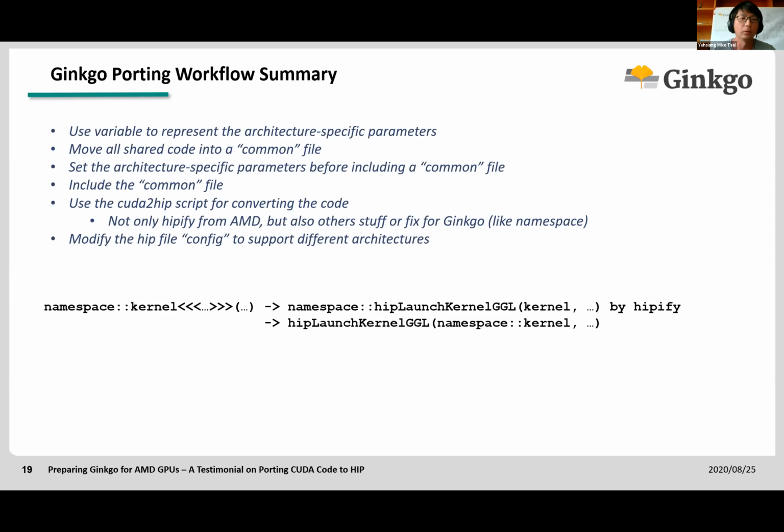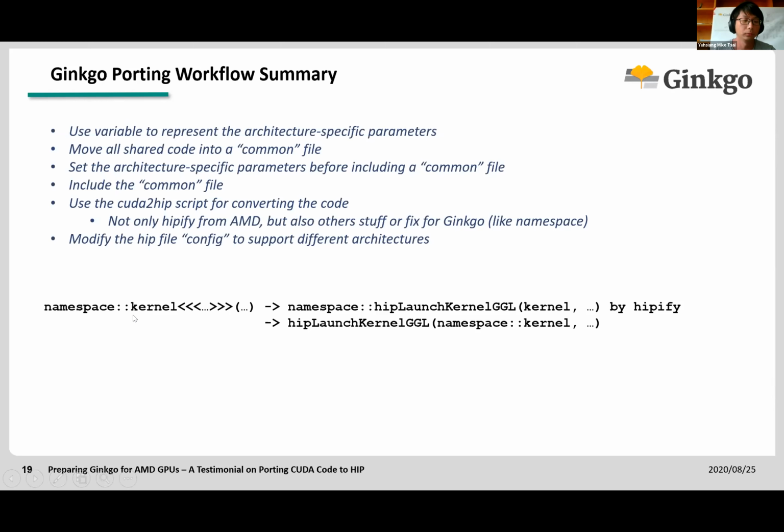But it's not only hipify. Hipify is a very good tool from AMD. It can convert almost every CUDA code to HIP code. But we need some other stuff or fixes for Ginkgo. For example, we already implement the cooperative group, so it will handle that, and also some CUDA namespace to HIP namespace, and also some fixes from here.